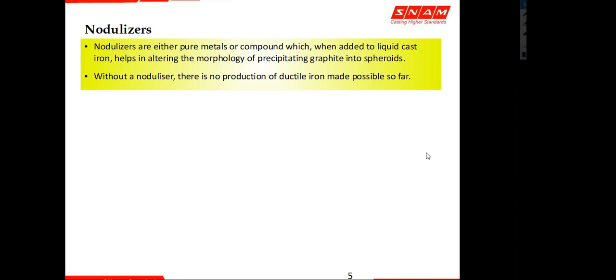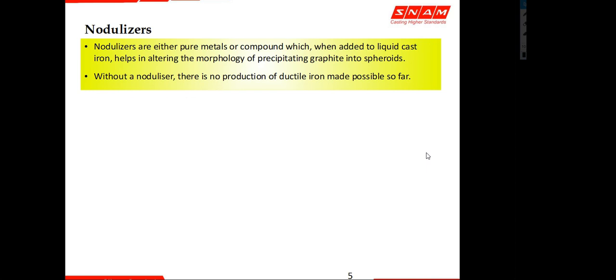For ductile iron, we want round nodules, so we add this nodalizer to turn the precipitating graphite into round nodules, into spheroids. Without this nodalizer, getting this roundness in the graphite throughout the matrix or throughout the casting might be difficult. So we can say exclusively that without a nodalizer, you cannot produce uniform ductile iron throughout.